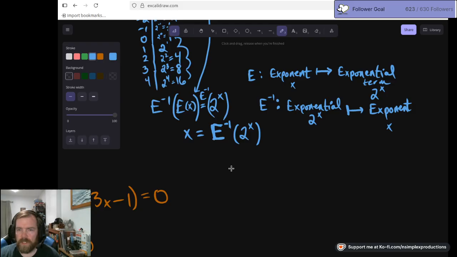Okay, so we let e of x equal 2 to the x. Then, taking the inverses of both sides, I did it on a much more complicated problem, so it made it more interesting.